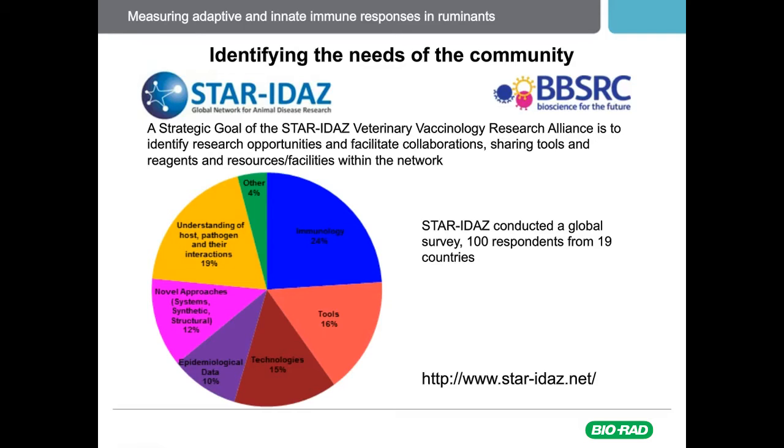And of course, all of those elements depend on our capability to analyse immunological responses. You can see the web link there to STAR-IDAZ, and I'd recommend that you have a look at that, and you can see what that network is aiming to achieve. It's funded currently through a Framework 7 initiative by the European Commission.